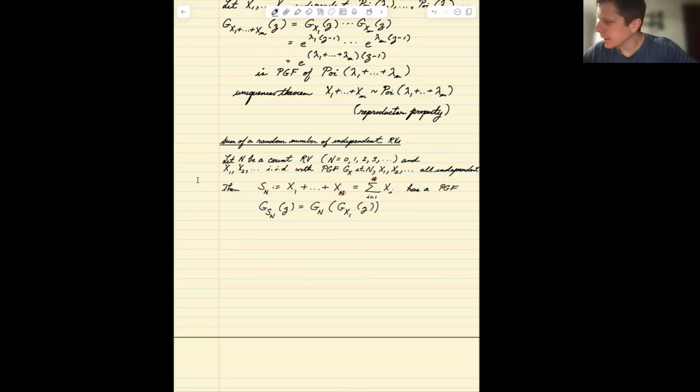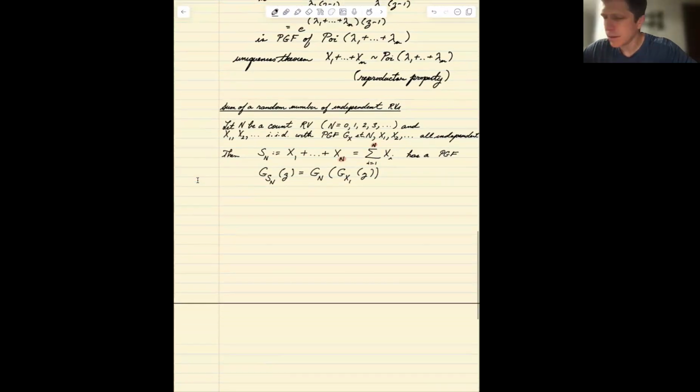Now, what's interesting about this, before I prove it, let's think about the case where N is equal to a specific value n with probability 1.